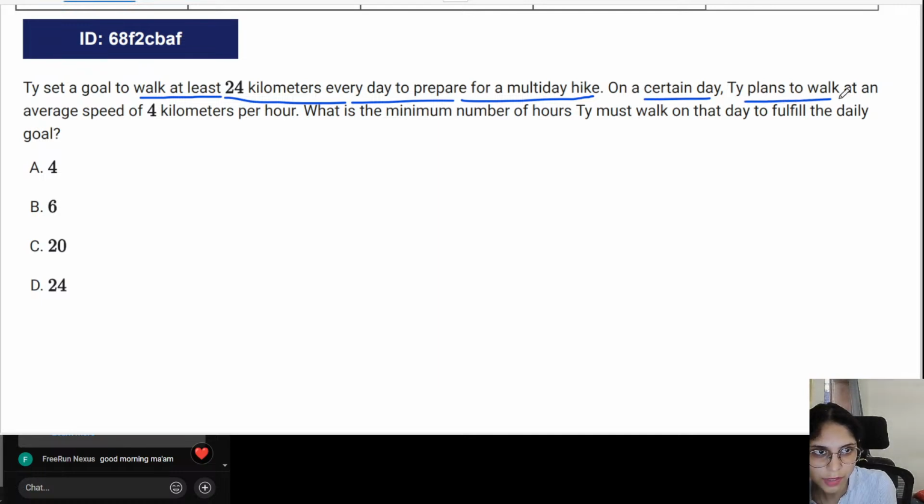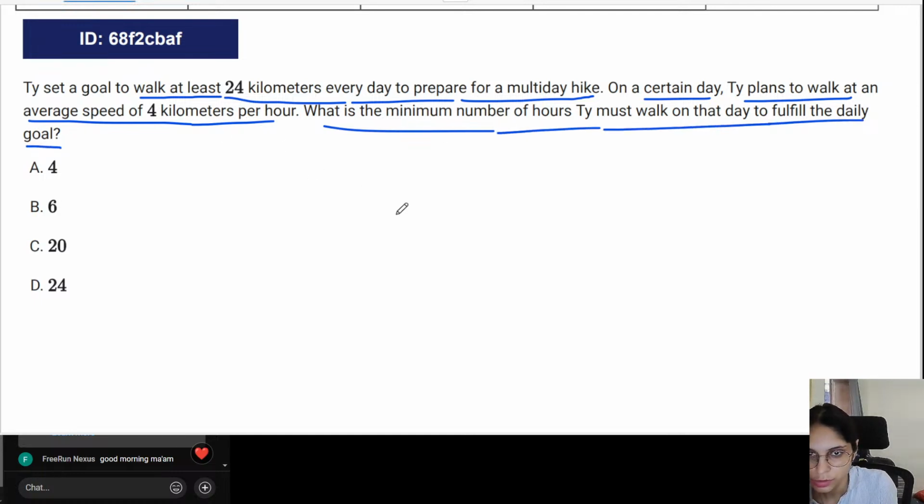On a certain day, Ty plans to walk at an average speed of 4 kilometers per hour. What is the minimum number of hours Ty must walk on that day to fulfill the daily goal? So walk at least means greater than or equal to 24. On this particular day, the average speed is 4 kilometers per hour.